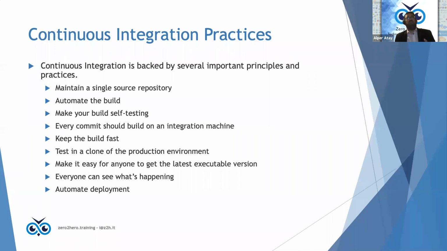It's automatically done by the continuous integration server. Test in a clone of the production environment, because basically all of our environments must be the same as production. So without releasing our code to production, we will be aware of what will happen.